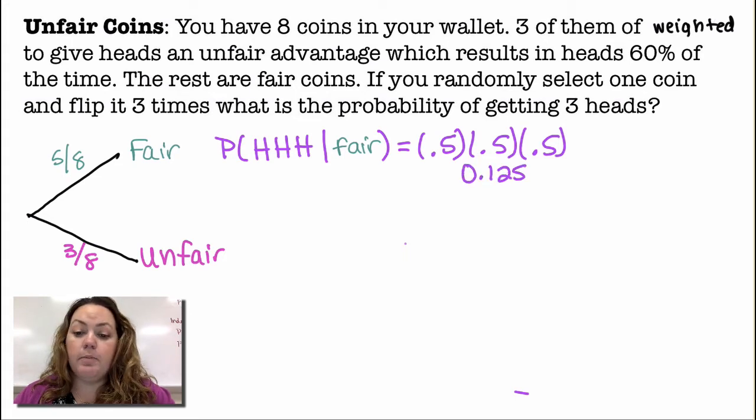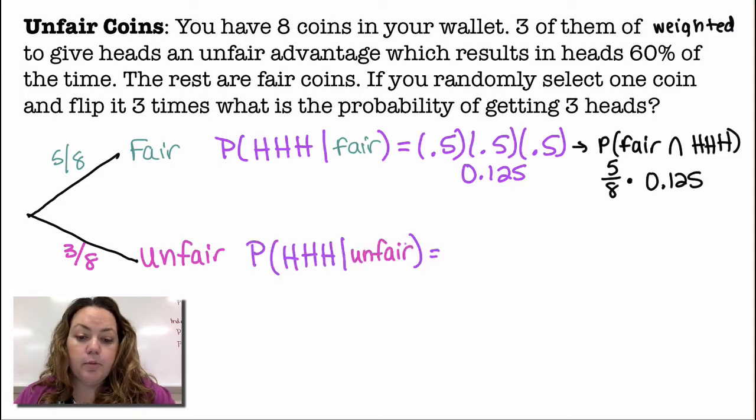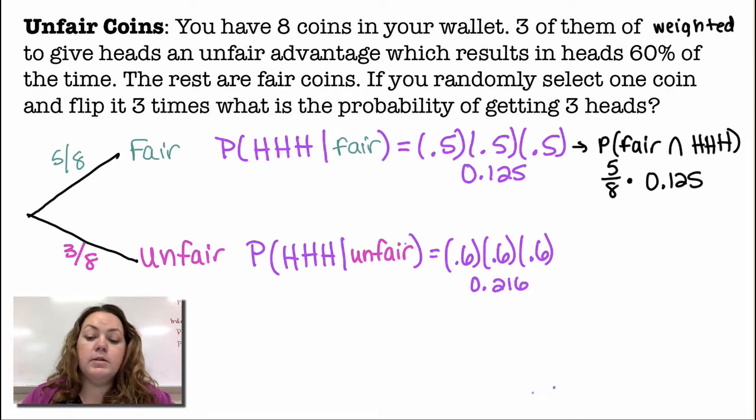If it's unfair, the probability of getting 3 heads in a row is 0.6 times 0.6 times 0.6, so that would become 0.216. Then you multiply across that branch.